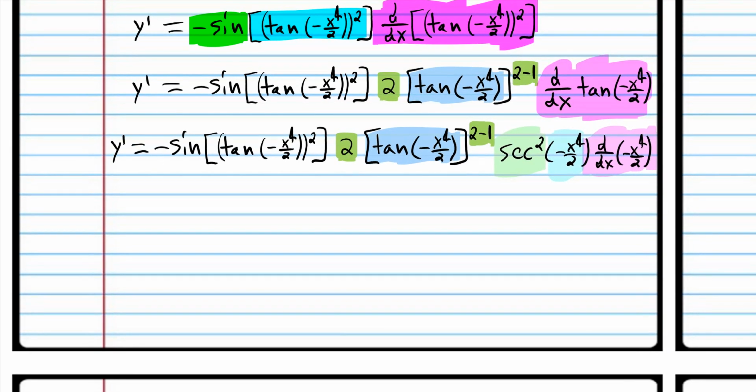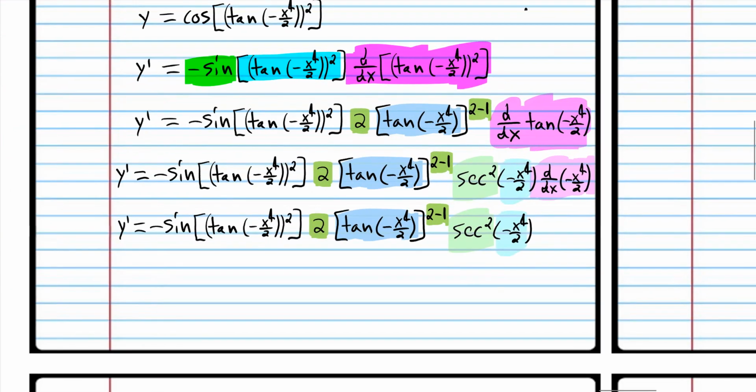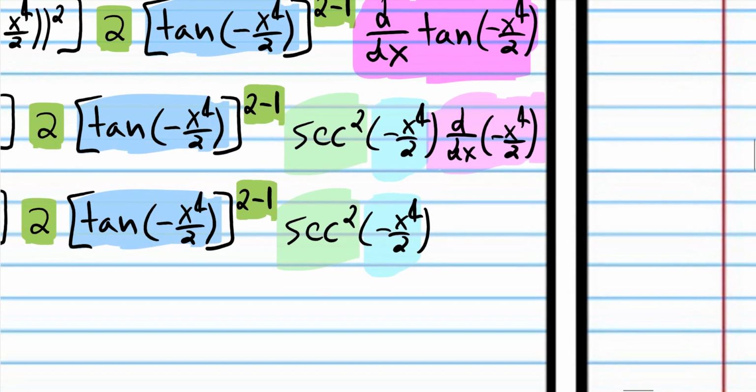So now all we have to do is simplify. Well, actually, we still have to find the derivative of that expression there. So I'm going to rewrite all this stuff again. And the derivative of negative x to the fourth over 2, well, before we find the derivative of that, I'm going to change the form of this expression. I'm going to change it to negative 1/2 x to the fourth.